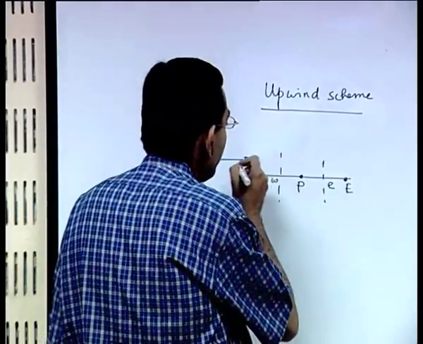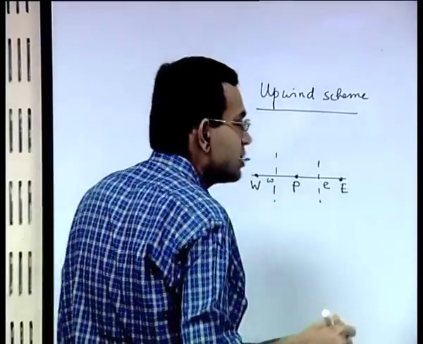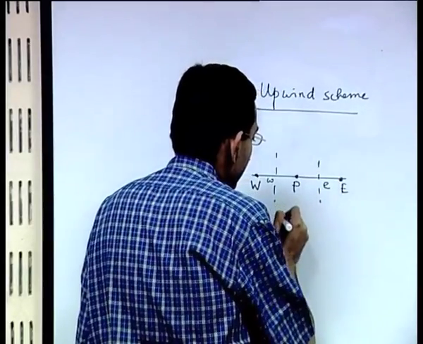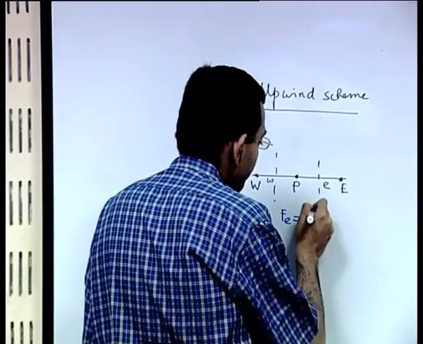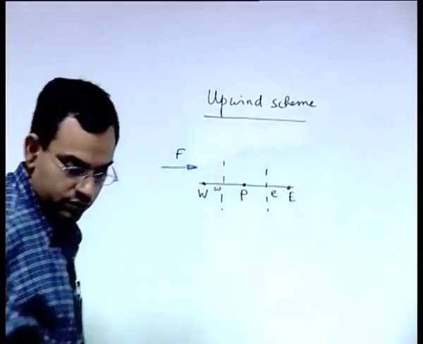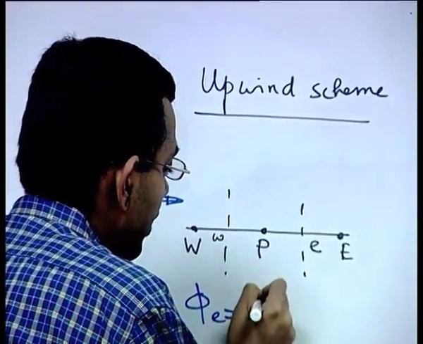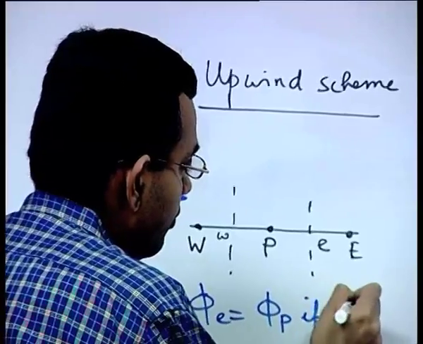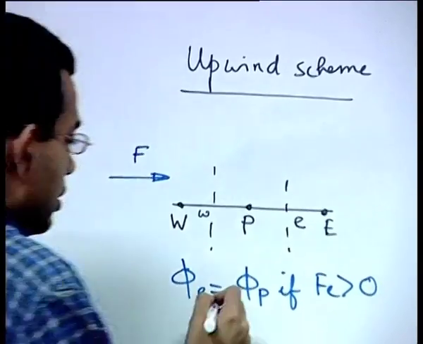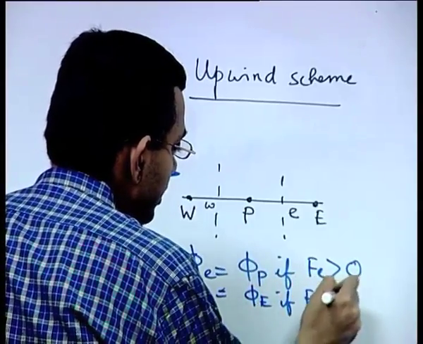So, if the fluid flow is occurring from left to right, that is F is greater than 0, then phi small e is equal to phi P if F e is greater than 0, and equal to phi E if F e is less than 0.